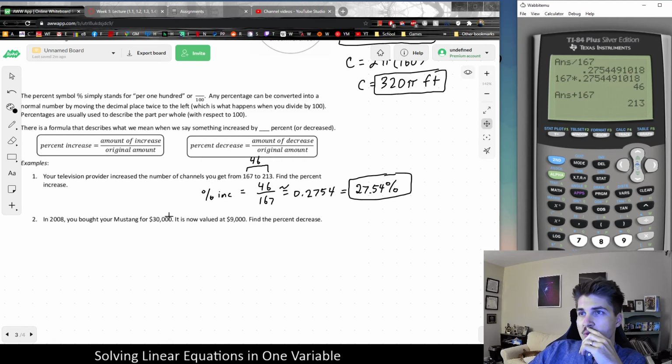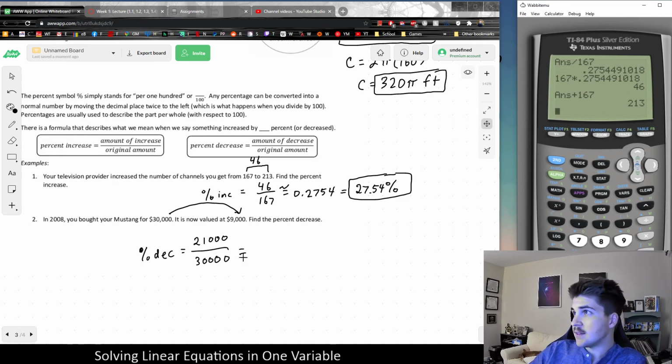Again, first we want to know the amount of decrease, which is the difference between the starting and ending values, which would be $21,000. The percent decrease is equal to the amount of decrease, 21,000, divided by the original amount, which was 30,000.